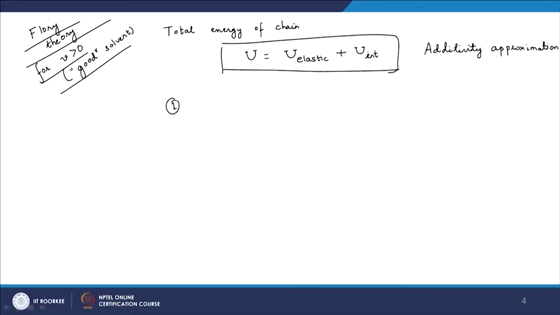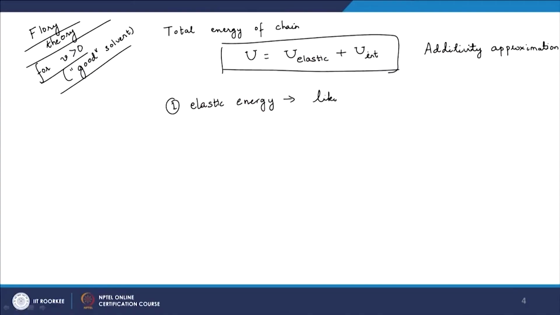Now what Flory said is that the elastic energy is the same as it is for the ideal chain, which means that the elastic energy scales like R squared by N b squared.